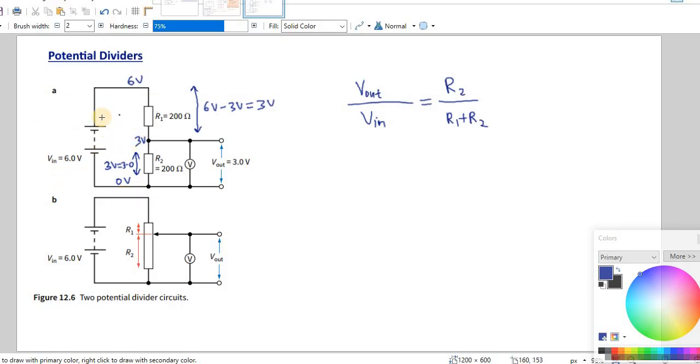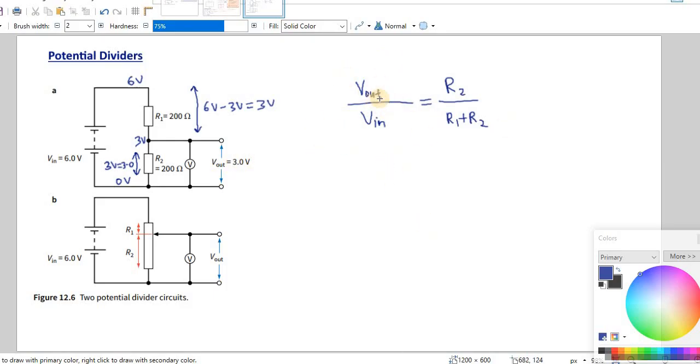Sum of EMFs around a loop should be equal to the sum of potential differences around the same loop. And here it is 3 volts and here also it is 3 volts because the resistances are equal. It doesn't matter if it's 200 or 100 and 100. If R1 and R2 are equal, and if there are only 2 resistors in this loop, the potential difference will be divided equally.